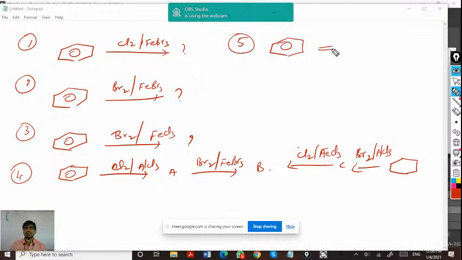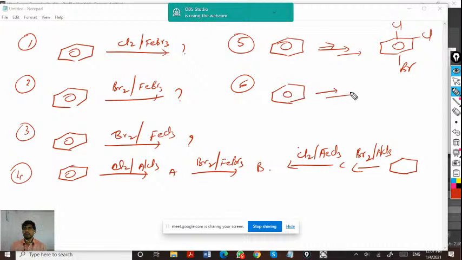Fifth question, try to synthesize the final outcome.